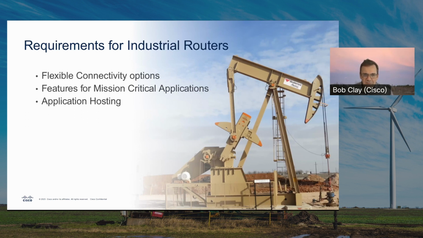So we know what makes an industrial router different. What are the requirements you have for these routers? For one thing, the router's main purpose is to provide connectivity. And if you look at these locations, it's not like there's an RJ45 jack just sitting in the ground out there that you can plug into, right?